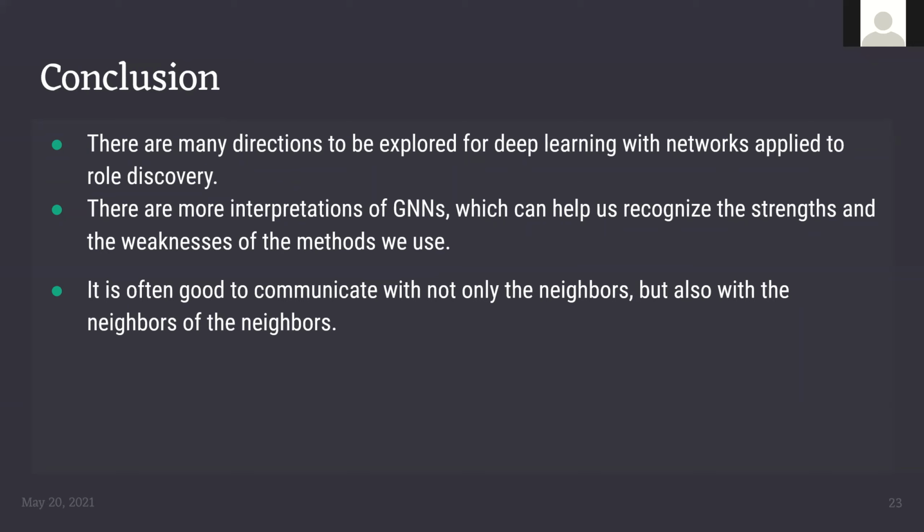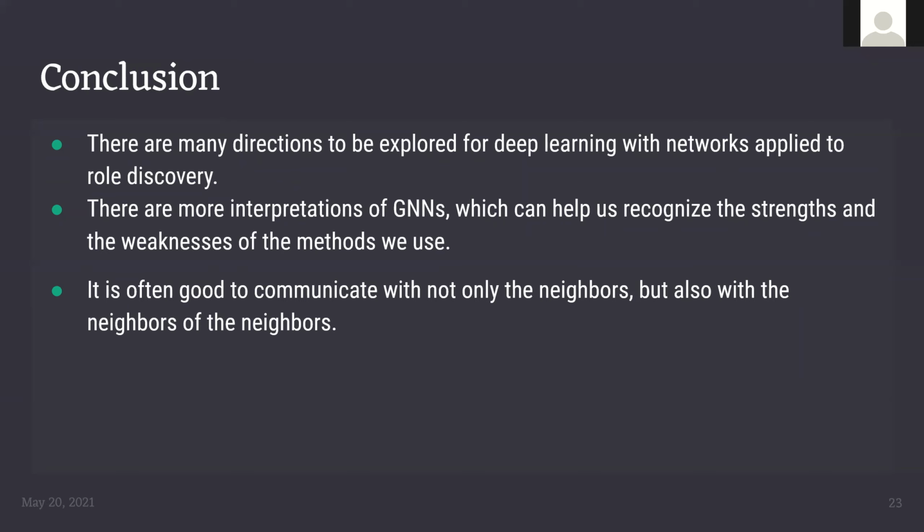We had an overview of the overall idea behind graph neural networks, but I would like to point out that today I presented an interpretation of graph neural networks from the point of view of graph isomorphism. This helped us understand some of the limitations that are there, but we can overcome.